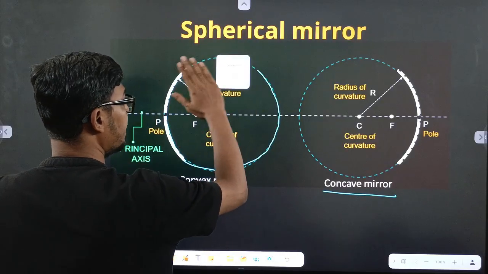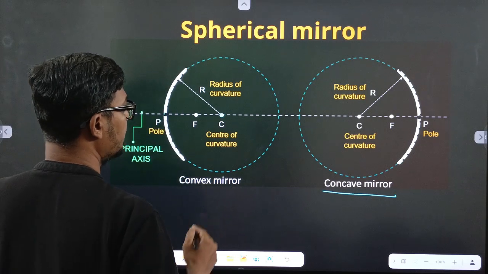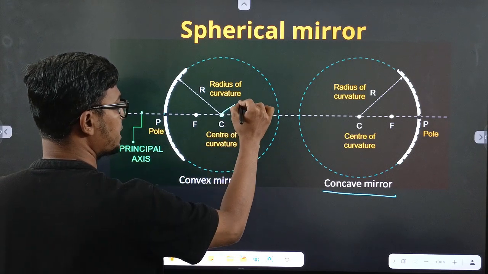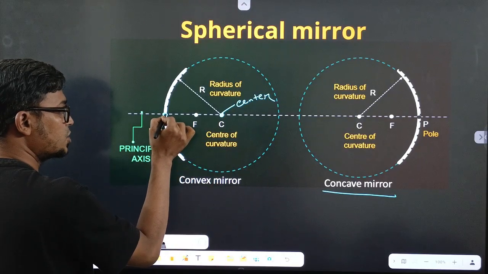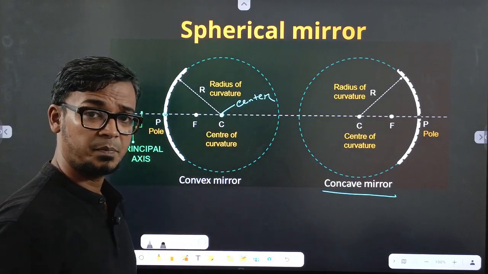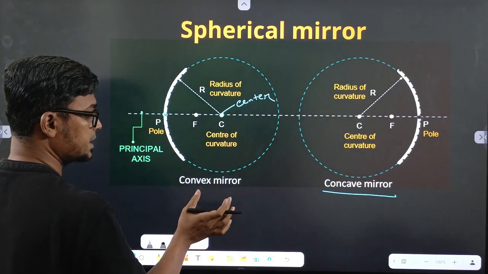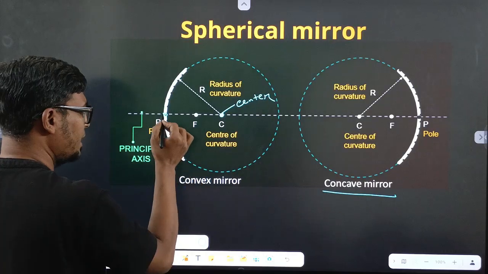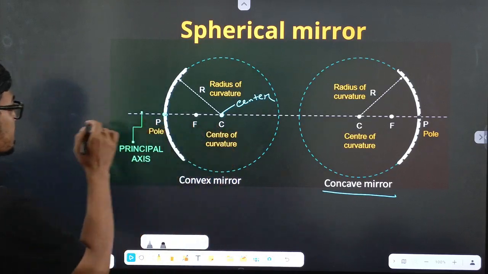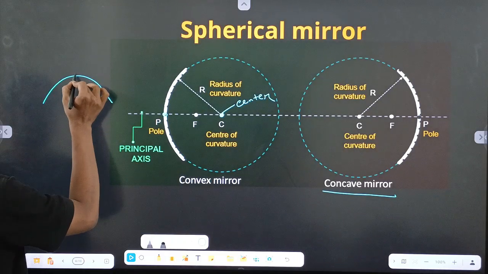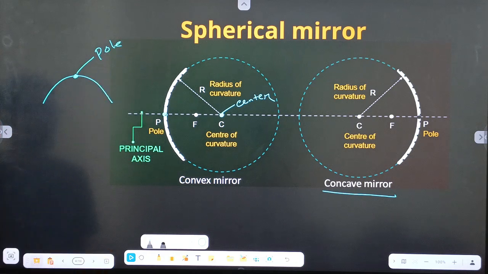So we can say for this picture of the mirror, C is the center, and the top point of the part of the sphere, which is the spherical mirror, as for example this convex mirror, this point will be called the pole, the highest point. Suppose this is a mirror. Here the highest point is this point. This point is called the pole.